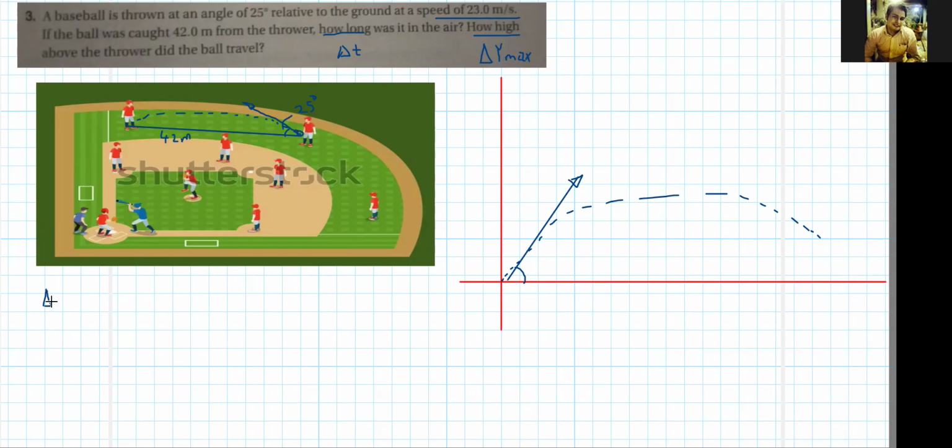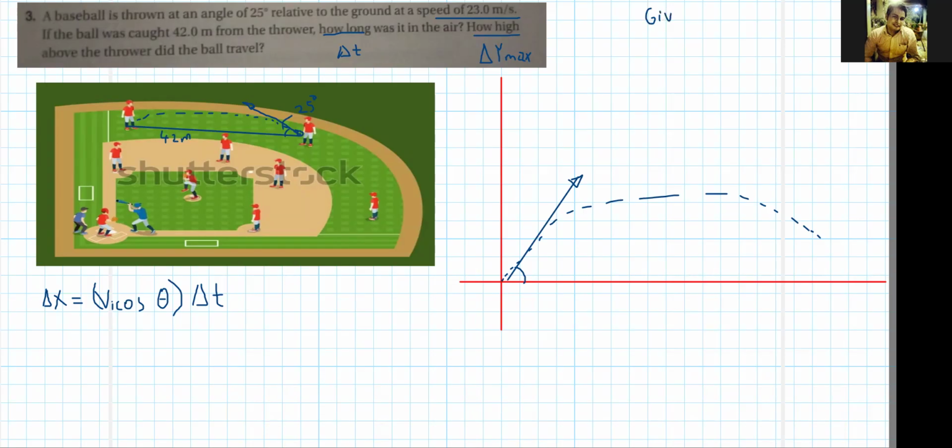We will write horizontal displacement equals initial velocity multiplied by the cosine of the angle, all between parentheses because you need to multiply that. Remember that this is the horizontal component, and then multiply by the interval of the time. I'll write here the given information.